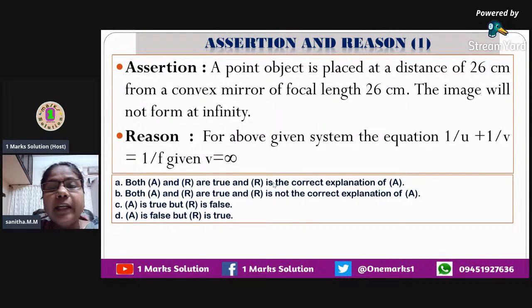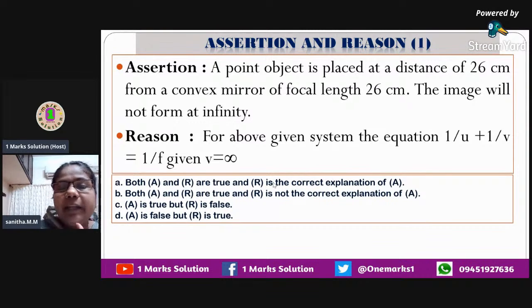If you are substituting the value of f, and v is given here, u is given here, so what will be the answer? It is not infinite. It will be almost 13 centimeter if you are using sign convention also. What is sign convention? You know it, isn't it? Always you will take the length as positive if you are taking it in the incident ray direction.